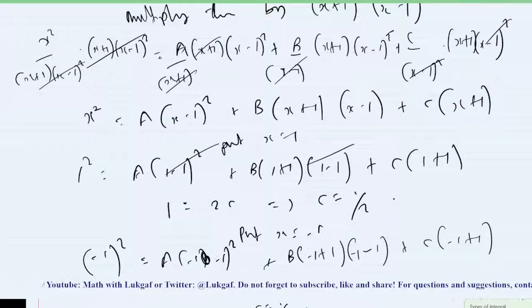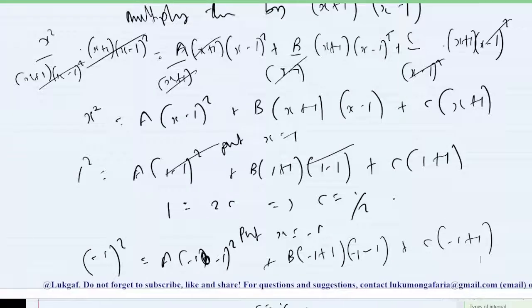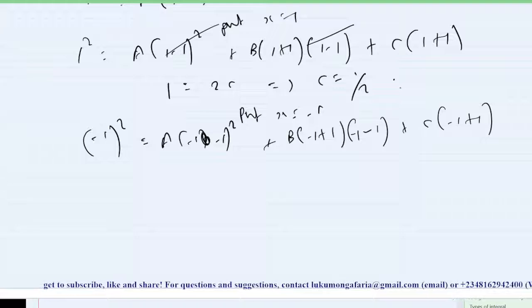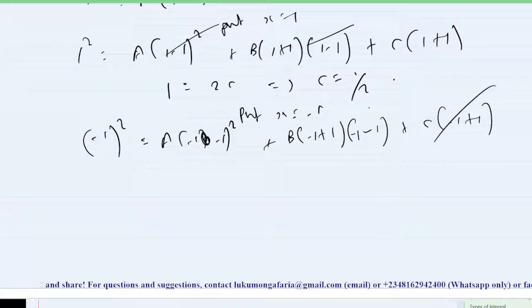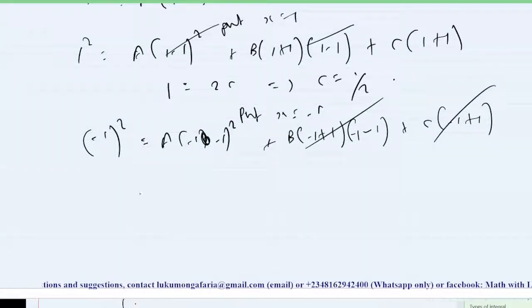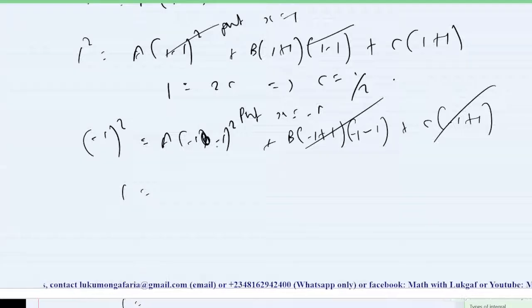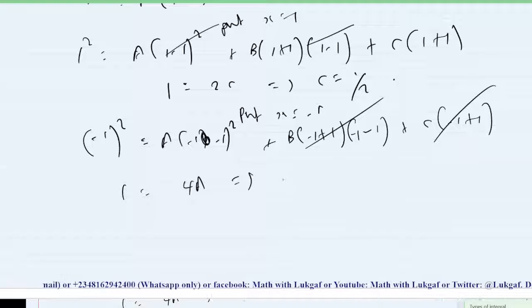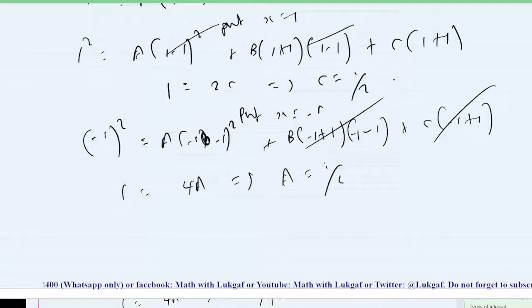So these two terms will also be 0, since minus 1 plus 1 is 0. Then you have 1 equals (minus 1 minus 1), that's minus 2, squared is 4. You have 4A, which implies that A is equal to 1/4.